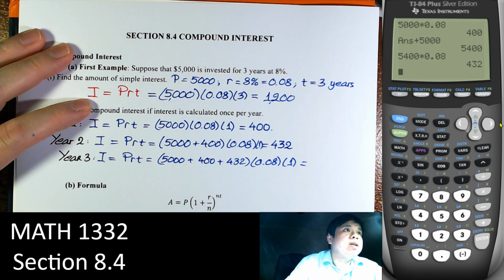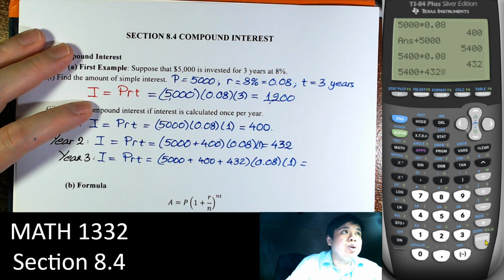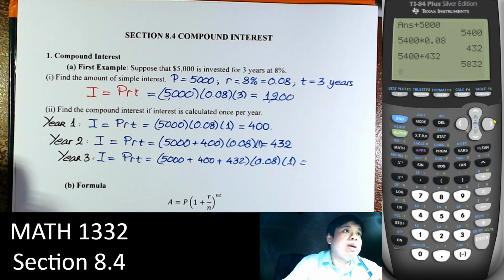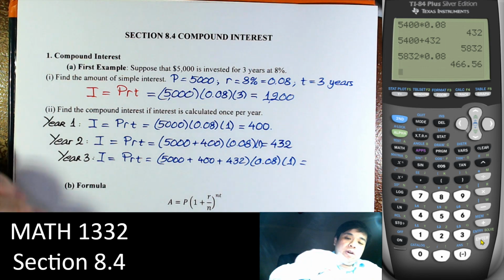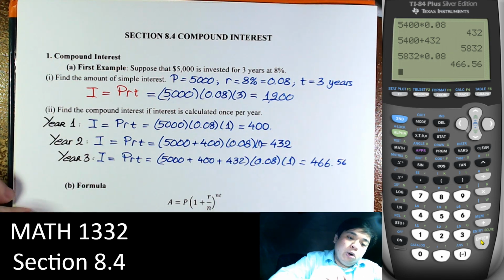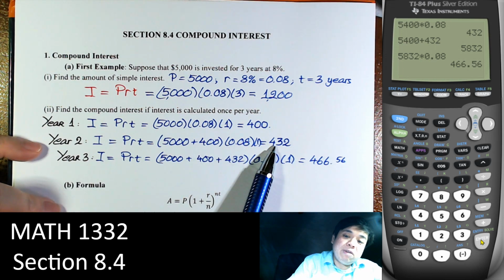And so pretty much we have that is the amount after 1 year plus that is the amount after the interest for year 2, and we take that amount times 0.08 and we have 466.56. So in year 1 we have that much, year 2 we have that much, year 3 we have that much.